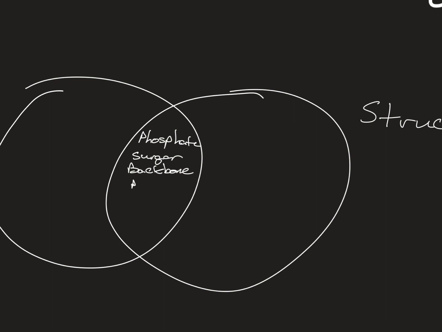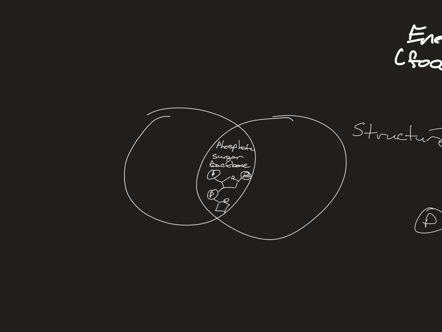That means they have phosphate sugar all the way down. DNA, however, forms a double helix because it has two strands of DNA hydrogen bonded together.